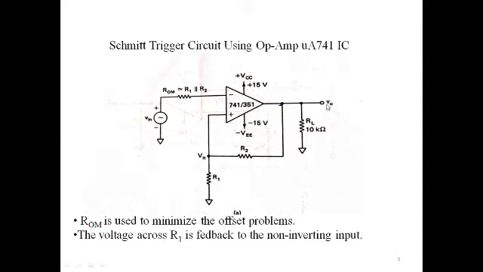You can first take the example of plus V saturation. The voltage across R1 is, as I said, the upper threshold voltage VUT.